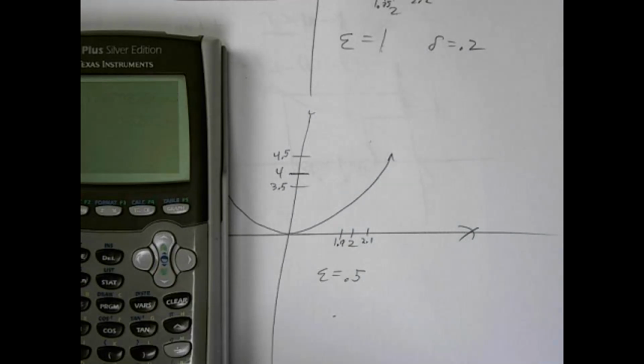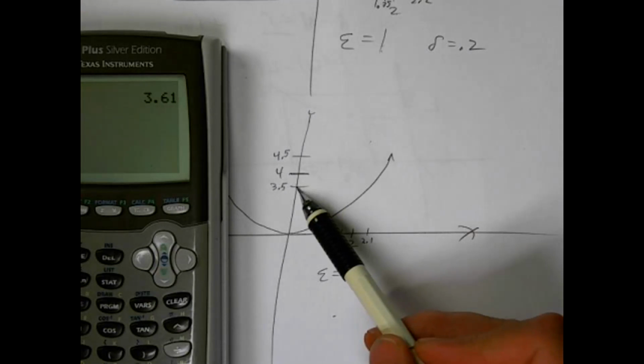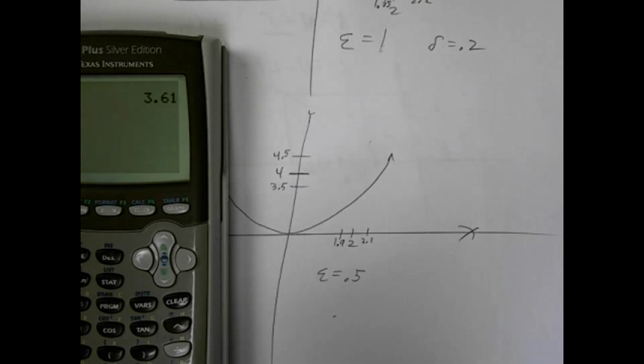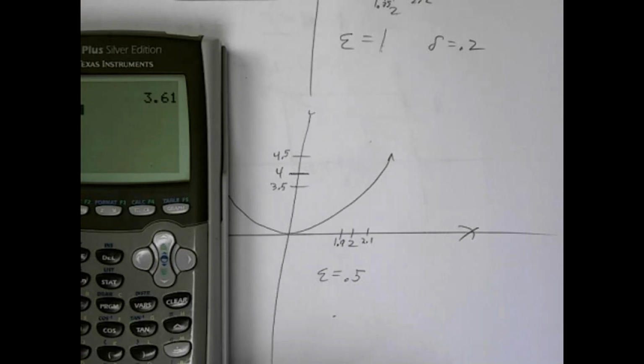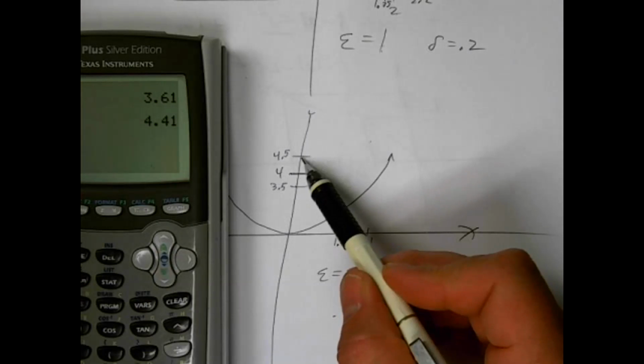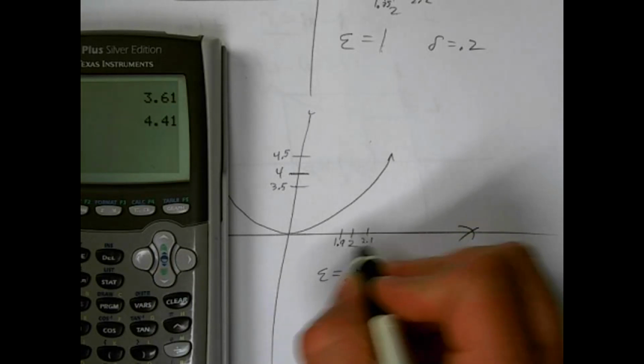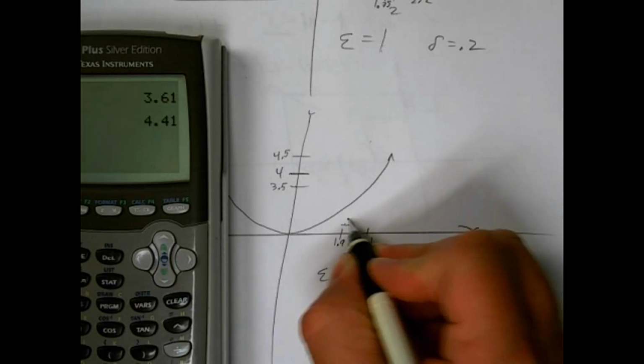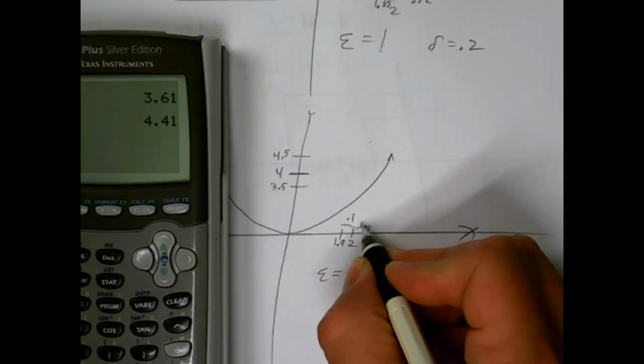Note that 1.9 squared gets you closer to 4 than 3.5. Note that 2.1 squared gets you closer to 4 than 4.5. Notice that the distance here is 0.1. Notice that the distance here is 0.1.